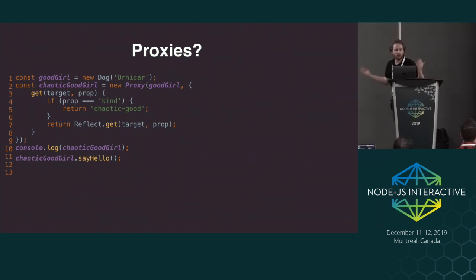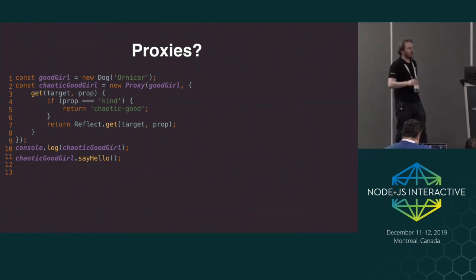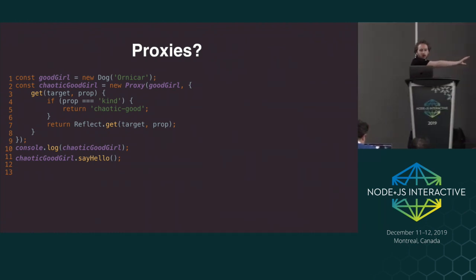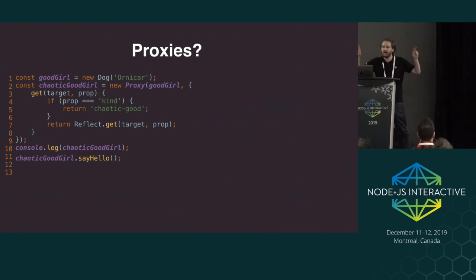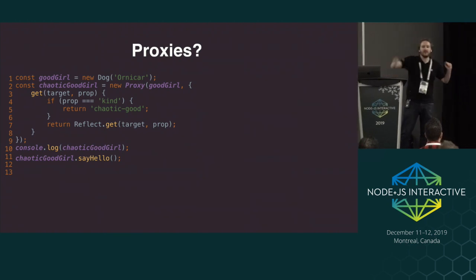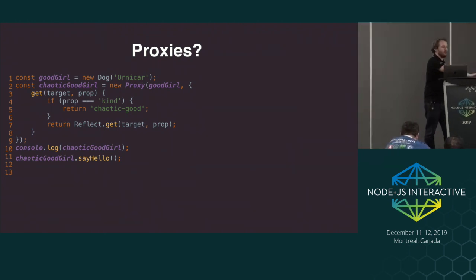So what we do, if the property is kind, instead of good, we return chaotic good, and otherwise we return reflect.get, which is basically give me the real value of the property of the object, because if I called target.prop, it would be an infinite loop. So I do reflect.get, and I return the original property.